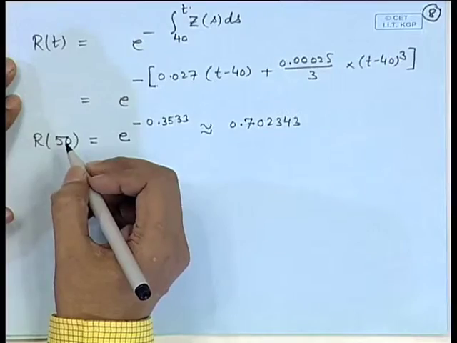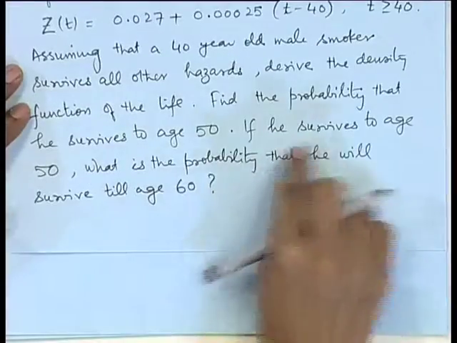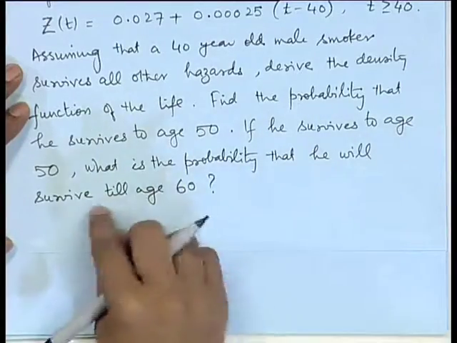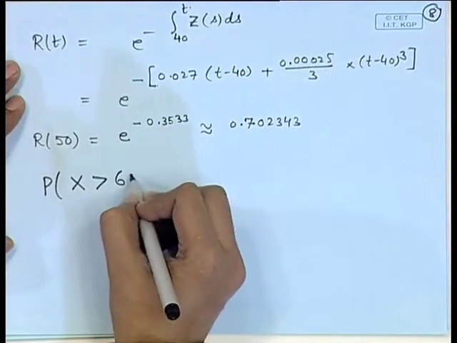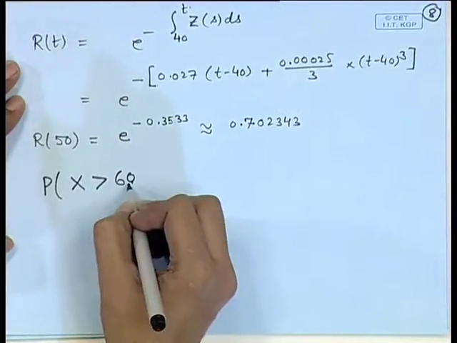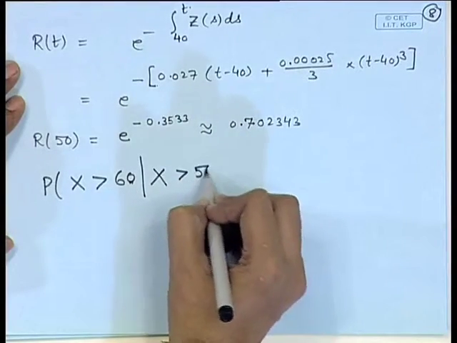If he survives to age 50, what is the probability that he will survive till age 60? This is a conditional probability that he has life up to at least 60, given that he has survived till 50.